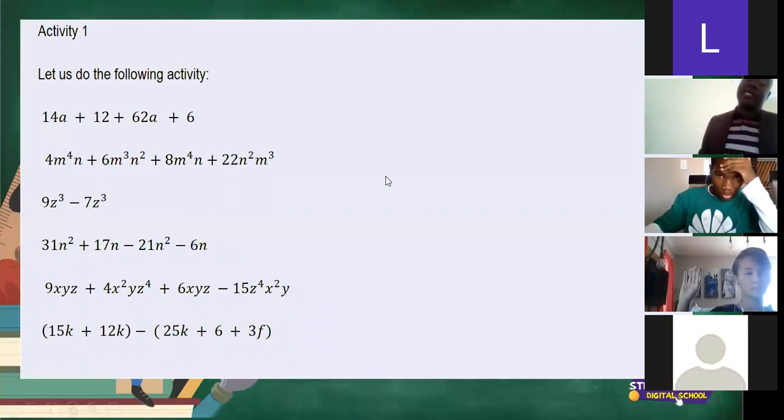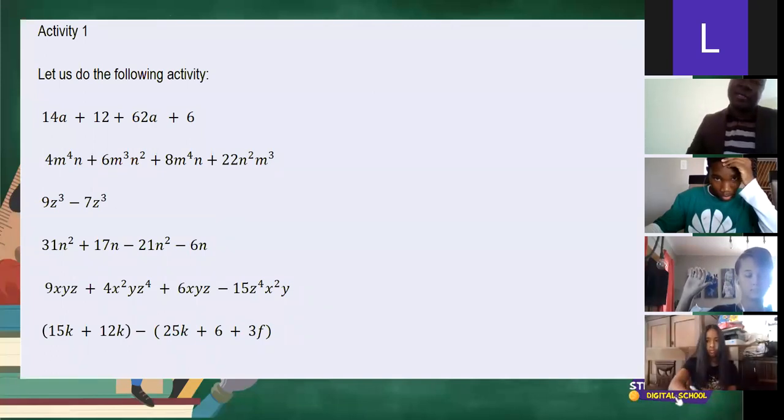Right. Then the next one is 9z cubed minus 7z cubed. And what does that tell us? What are the like terms there? Obviously, z cubed, or others say z to the power 3, appears twice. It appears in the first term, it also appears in the second term. This means that you can subtract 7 from 9.